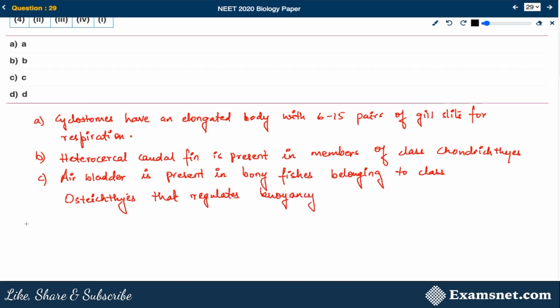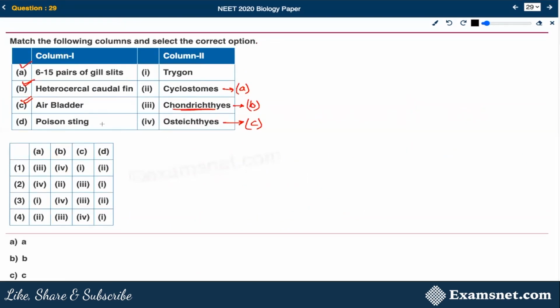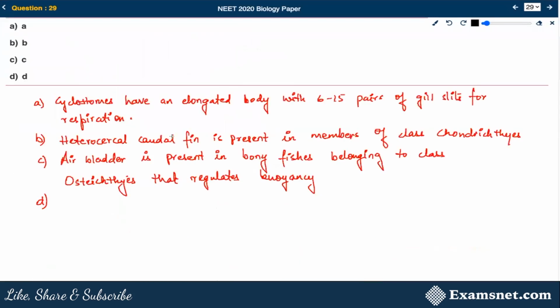All right, this is the case. The D option is left with only one option, and that is poison sting. Poison sting is found in Trygon, which is a category of cartilaginous fish. This is left with the D option. Right?